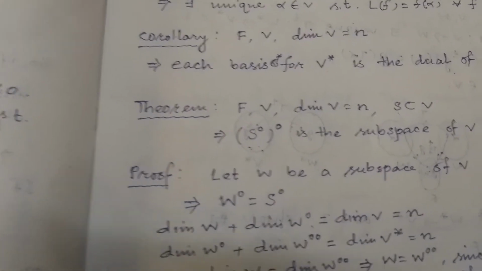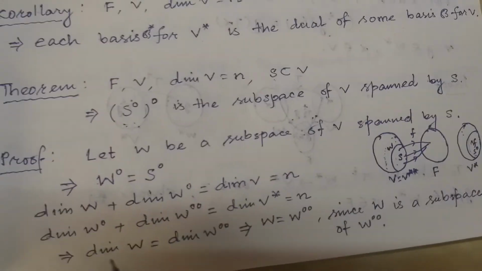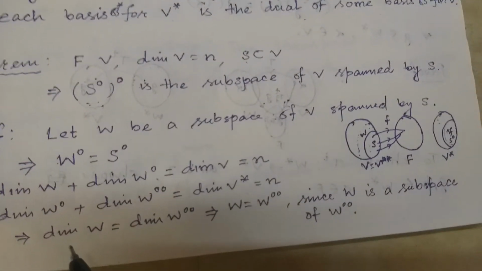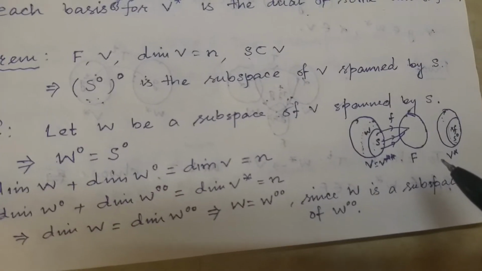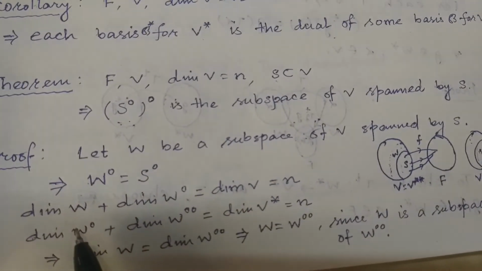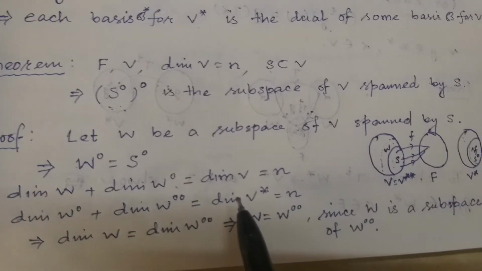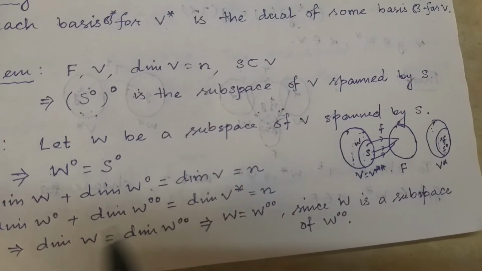Again, from a previous result, dimension of W plus dimension of W naught equal to dimension of V, that is n.